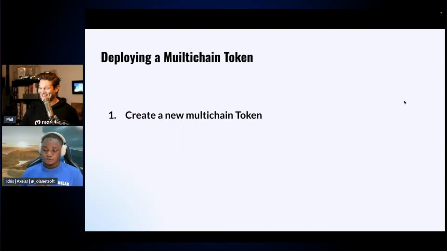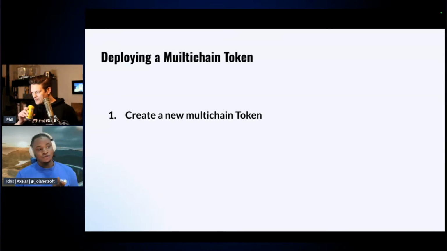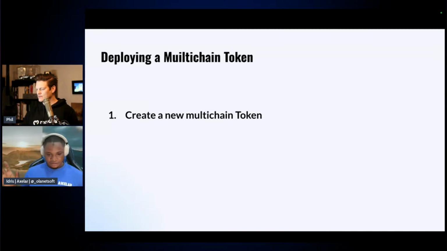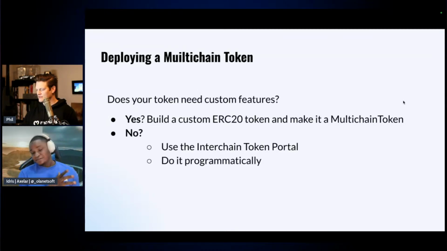So first, if you want to create a new multi-chain token, this is the first option. If you are creating your new multi-chain token from scratch, like it never existed anywhere, this is just the first time you are creating this token, and at the same time, after creating this token, you want to go cross-chain. So that's the first thing. But then there's one question you need to ask yourself: does your token need custom features, right?